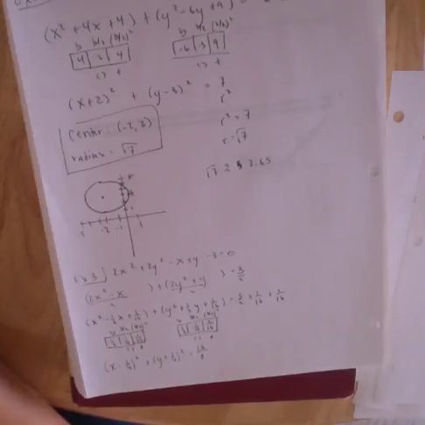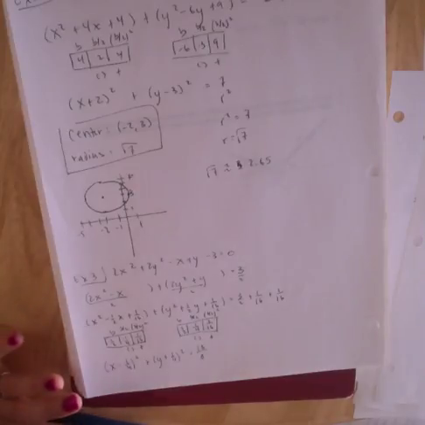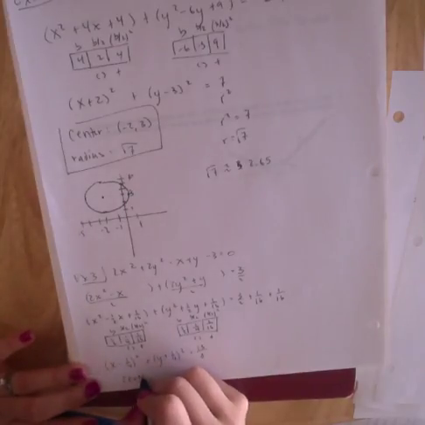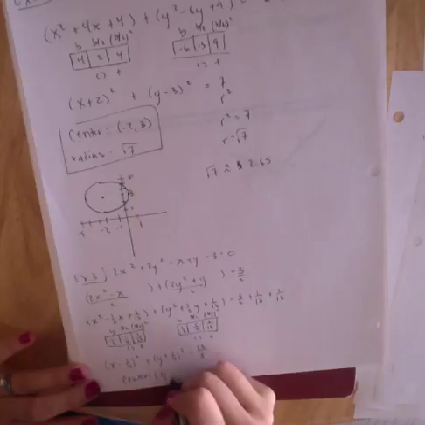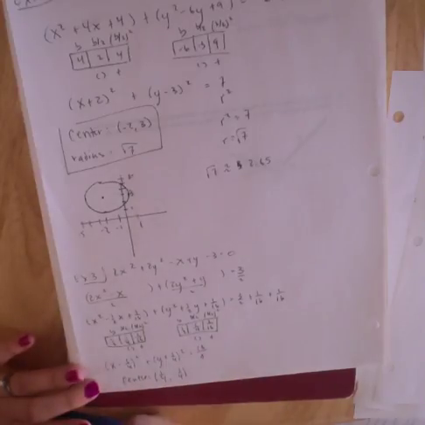Now we are going to graph and we're going to determine our radius and center. So my center is (1/4, negative 1/4).